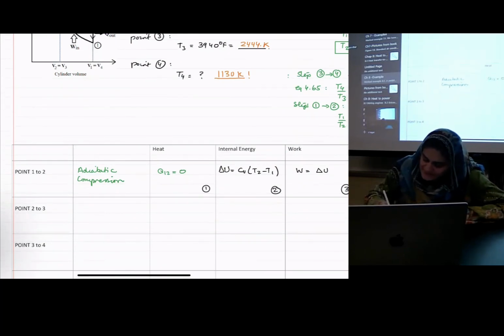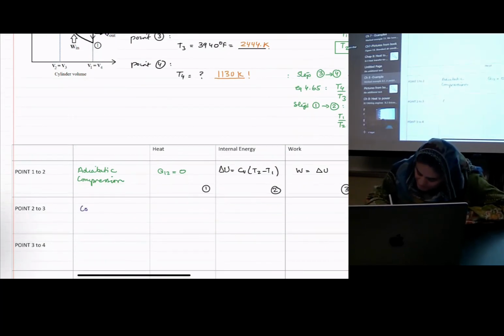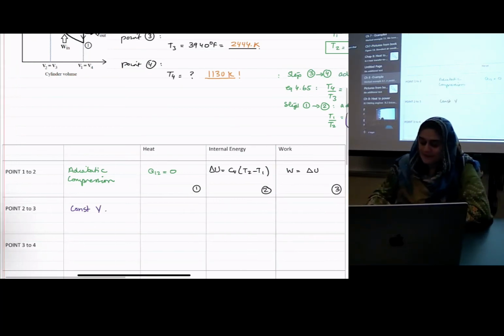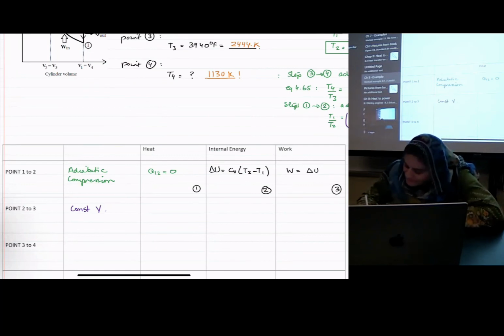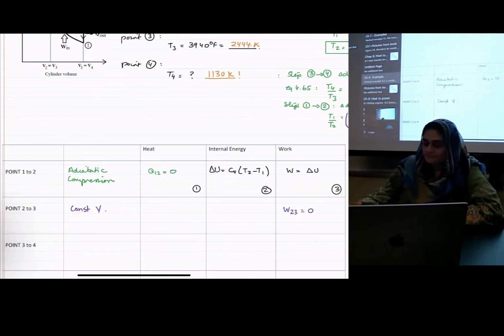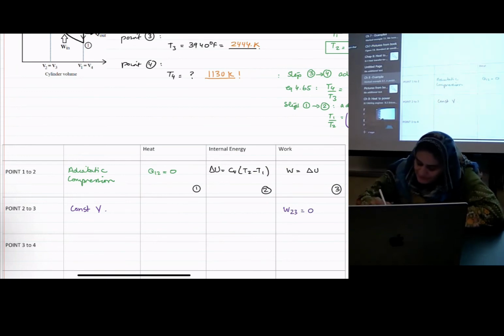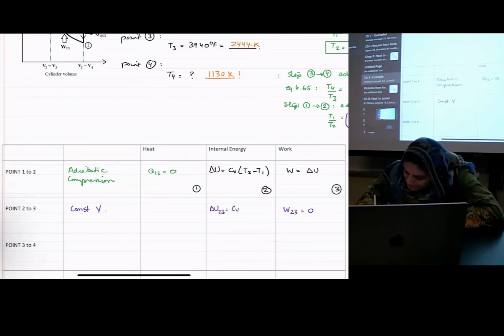So a constant volume step. What do I know about constant volume steps? Work is 0. So W 2 to 3 must be 0. How do I find delta U from 2 to 3? CV (T3 minus T1).